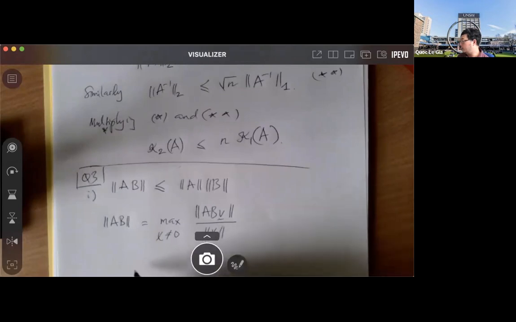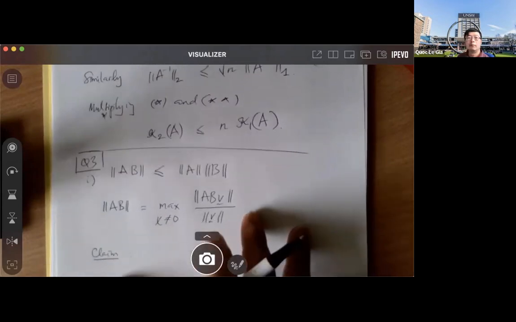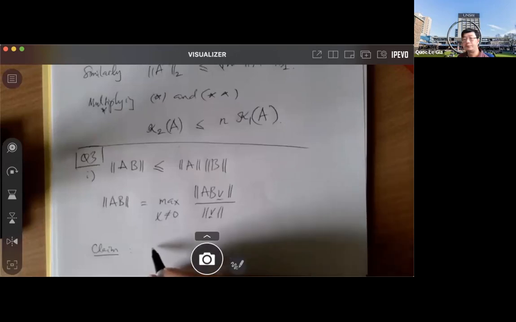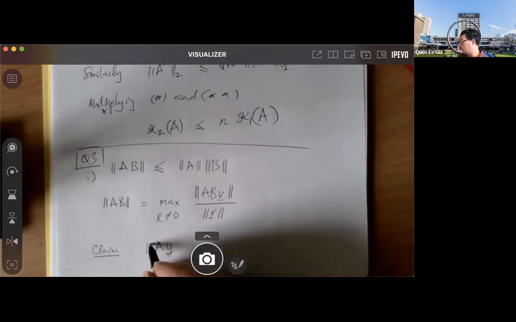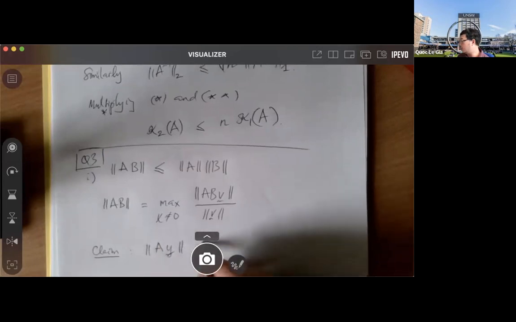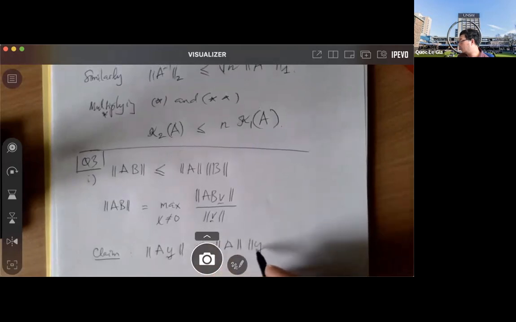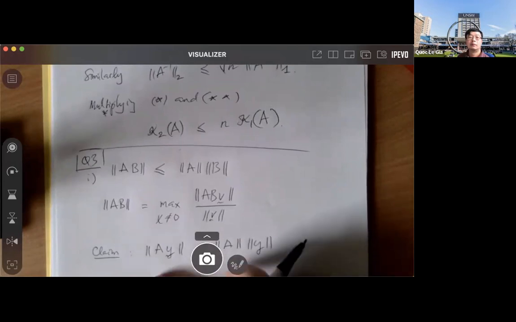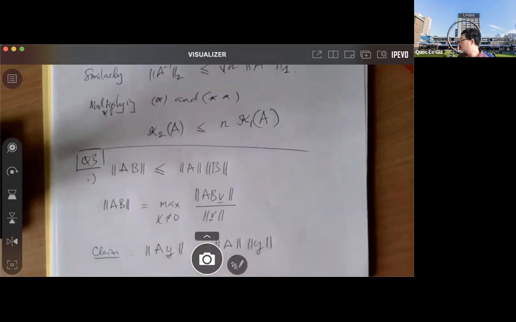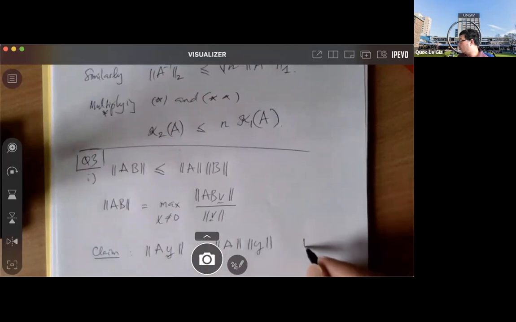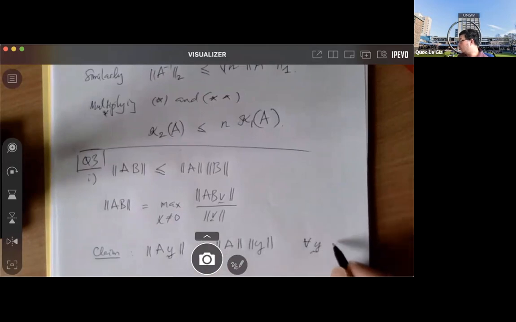Suppose you have now the claim: for A and Y, when you take the norm of AY, it is less than or equal to the norm of A times the norm of Y, for all vectors Y not 0.